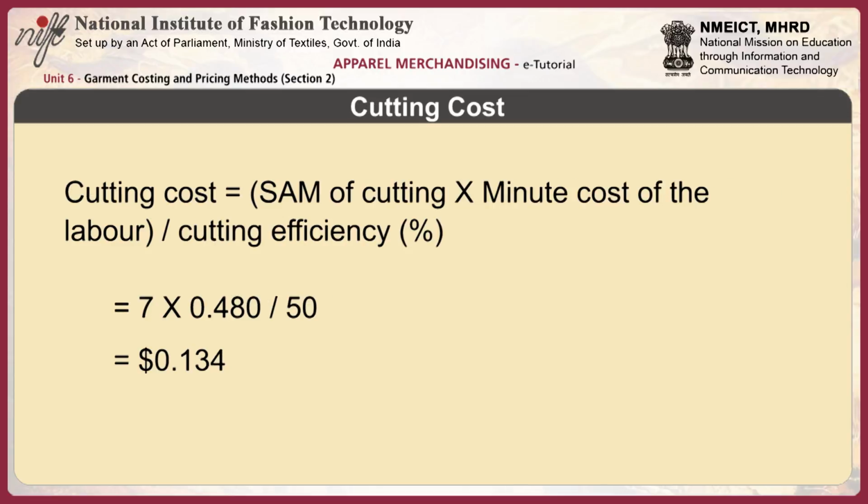Then we have cutting cost. Cutting cost is equal to SAM of cutting multiplied by minute cost of the labor and upon cutting efficiency. So it is 7 multiplied by 0.48 upon 50, which is $0.134. That is the cutting cost. Trimming cost is considered as $0.06 as it depends upon how many operators are there for trimming.